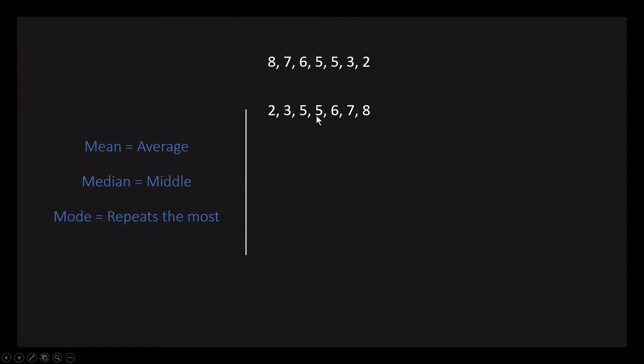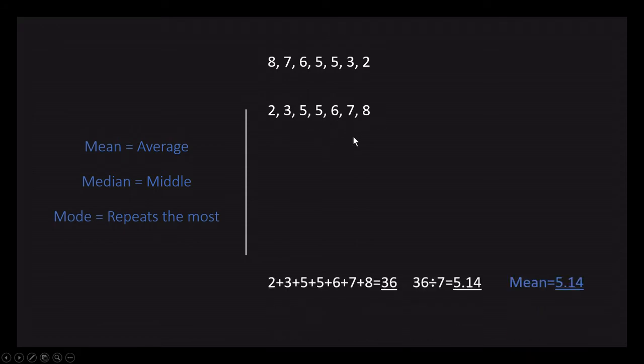Okay, once we do this, if the GED asks us to find the mean, the mean is equal to the average. So to figure out the average of all these numbers, I'm going to add all these numbers and then divide by the quantity of numbers that I have, which is 7.